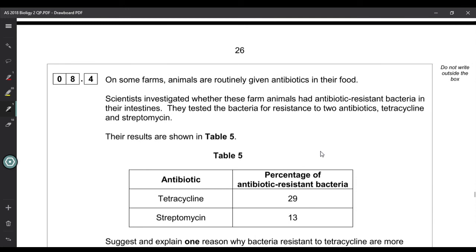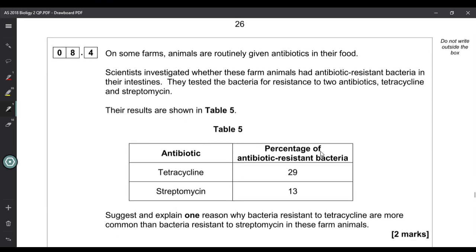So 8.4 says, on some farms, animals are routinely given antibiotics in their food. Scientists investigated whether these farm animals had antibiotic-resistant bacteria in their intestines. They tested the bacteria for resistance to 2 antibiotics, tetracycline and streptomycin. And we've got the results shown in Table 5.